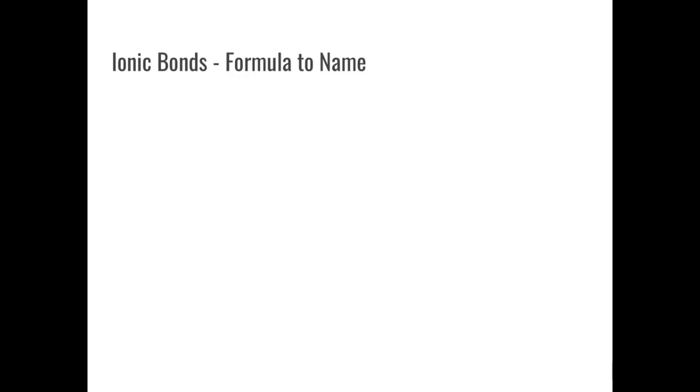So first we're going to talk about ionic bonds, which means we're going to have a metal and a nonmetal. And we're going to go from the formula to the name. So for example, I may give you Al2S3. So that's the formula. In order to get the name, you're going to have to look at the periodic table. Al is the abbreviation for aluminum.